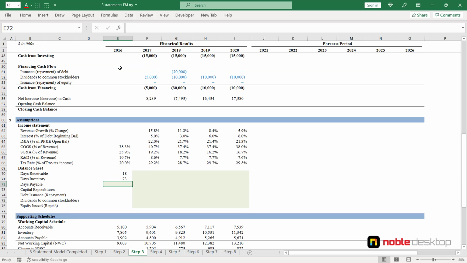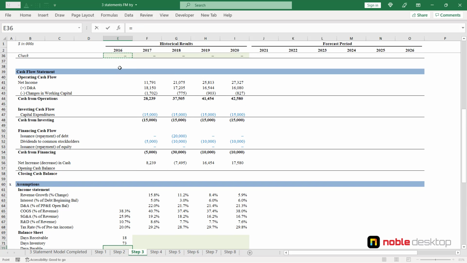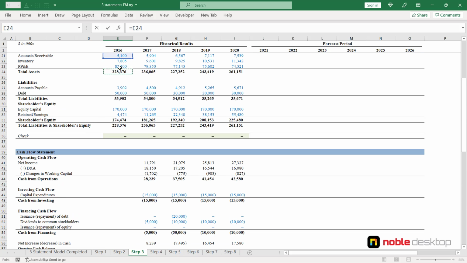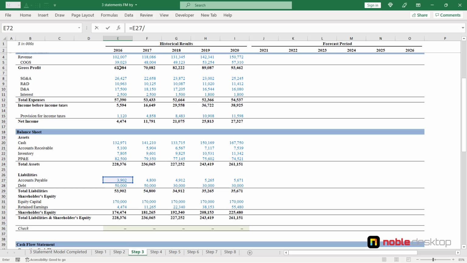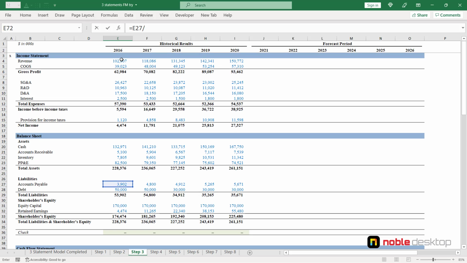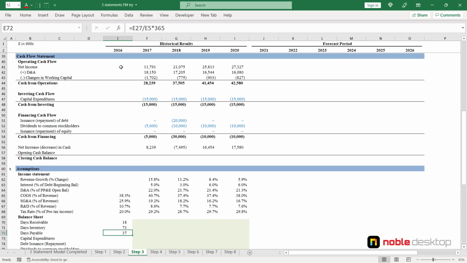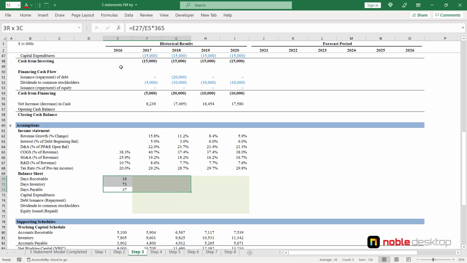And my days payable, I'm going to take my accounts payable from the balance sheet, row 27, divided by COGS and multiplied by 365. Amazing. I'm going to fill all these formulas to the right for all historical years and move to the next value drivers.